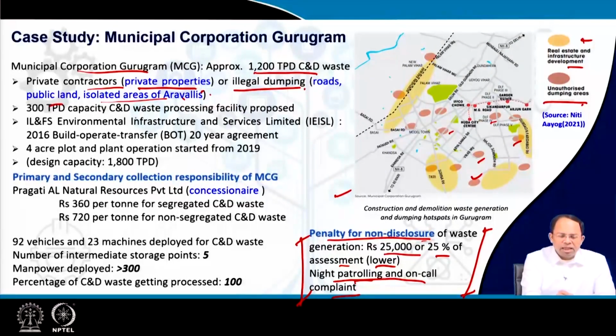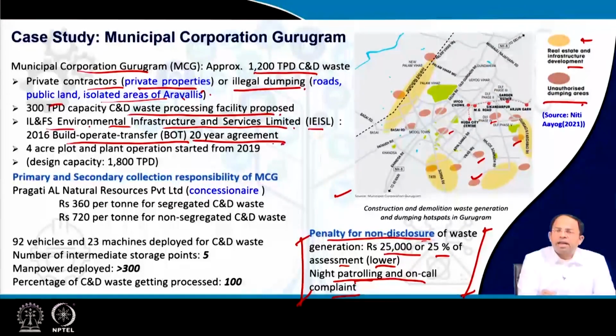Then a C&D waste processing facility was proposed by the corporation along with IL&FS Environmental Infrastructure and Services Limited, which is IEISL. This is a subsidiary of the IL&FS company, and in 2016 they had a build, operate, transfer agreement. This is one form of PPP mode agreement that you have learnt earlier.